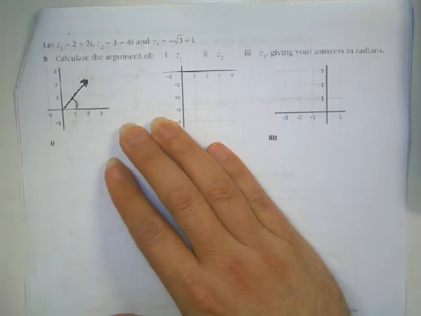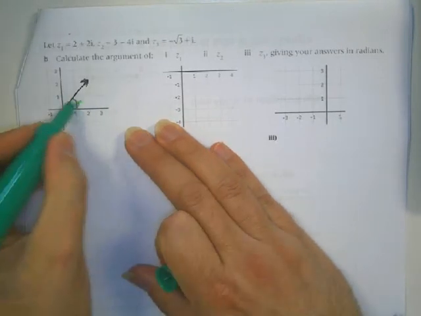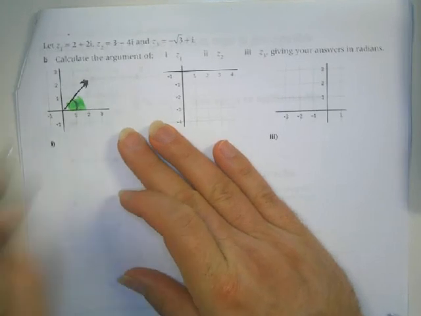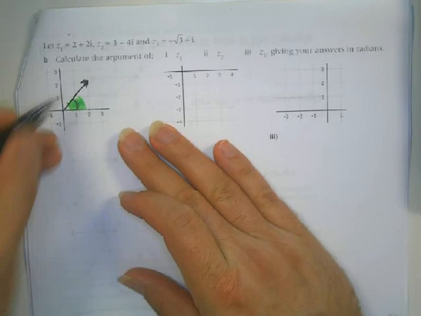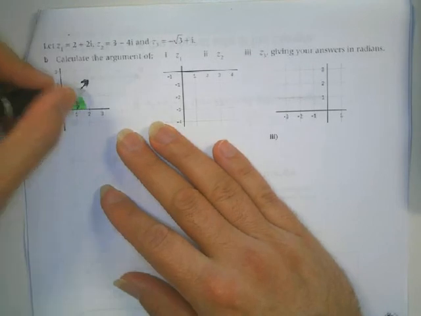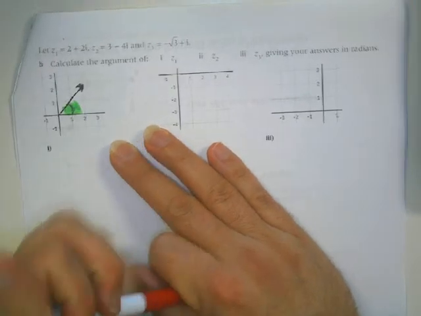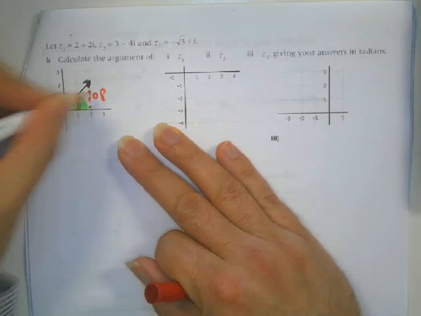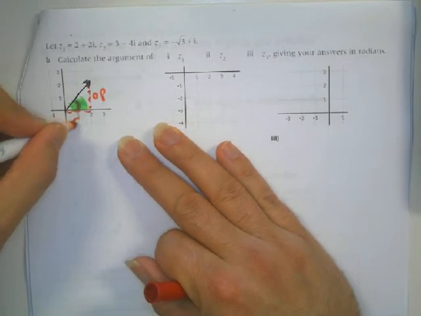In order to find that angle, I know I'm going over the same amount as I'm going up. So this is the angle I'm working with. This is the opposite side, and this right here is the adjacent side.